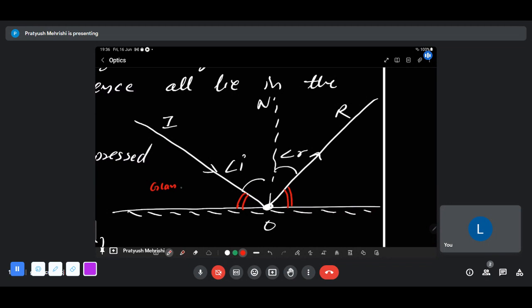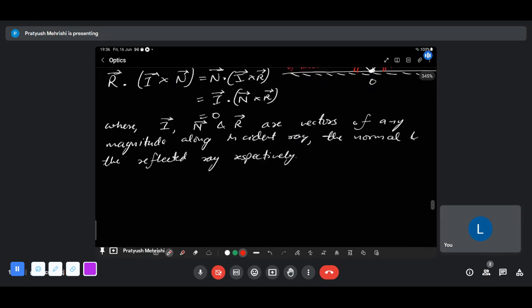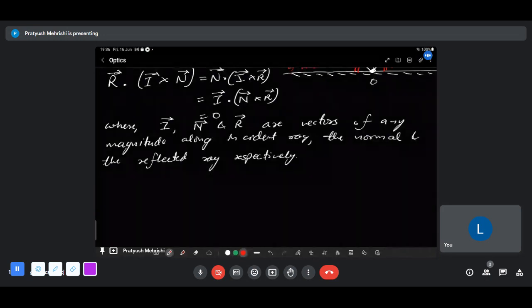These angles are called glance angle of incidence and glance angle of reflection.